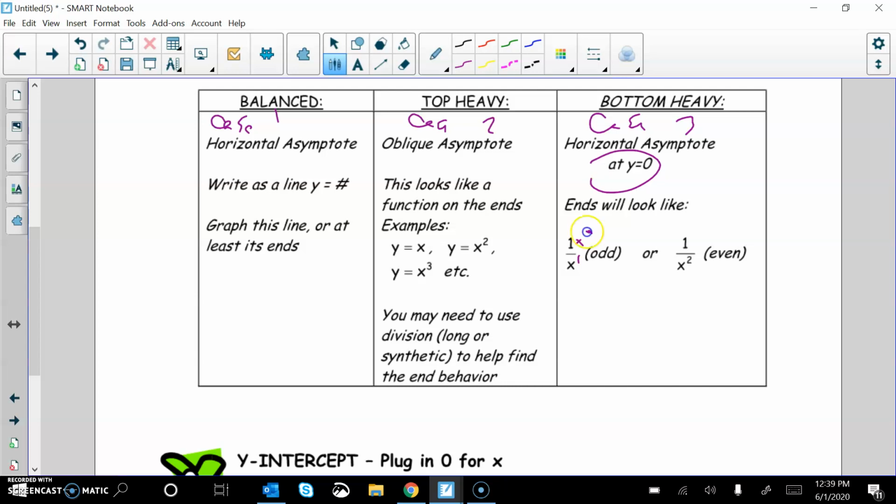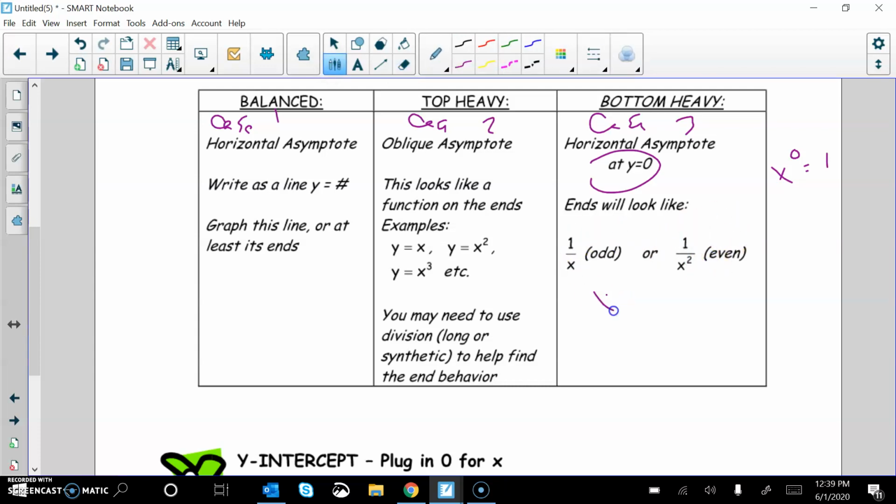So this one here, 1 times x to the 0 power. The degree of your numerator is 0, degree of your denominator is 1. This one here, if you recall, guys, x to the 0 is just 1. Degree of the numerator is 0, degree of your denominator is 2, so the bottom has a greater degree.